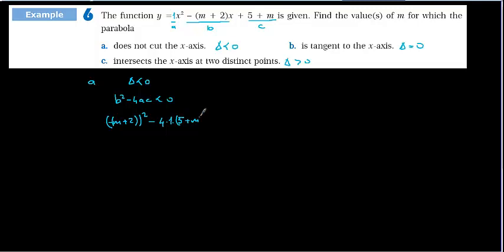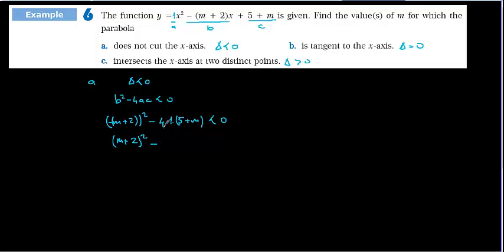The 5 plus m must be in parentheses, and all of it must be less than 0, because we are looking for delta less than 0. Then this is going to be (m plus 2) squared, because a negative number squared is equal to the positive form.